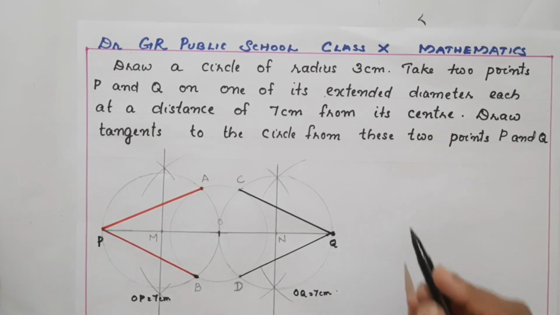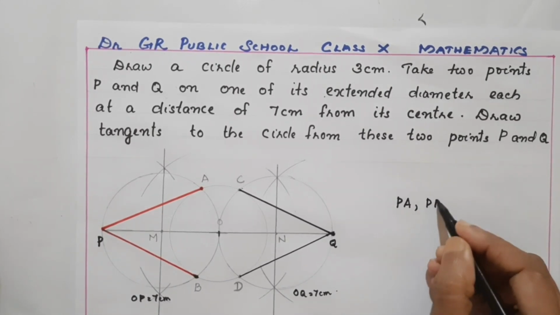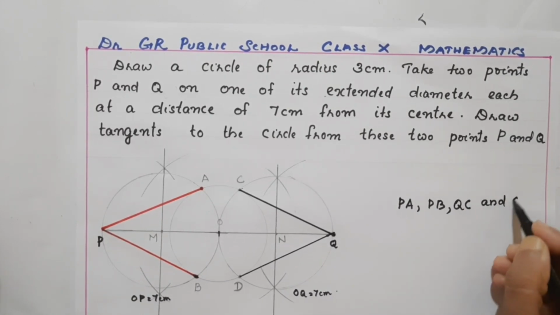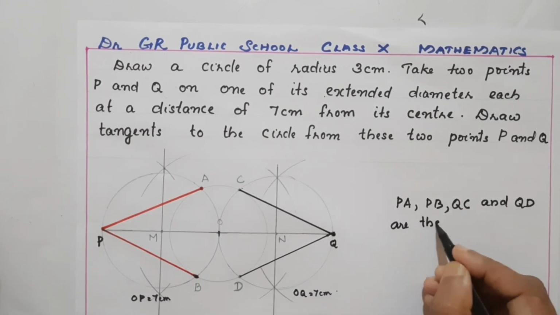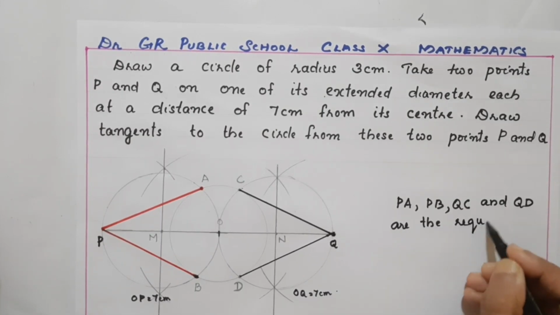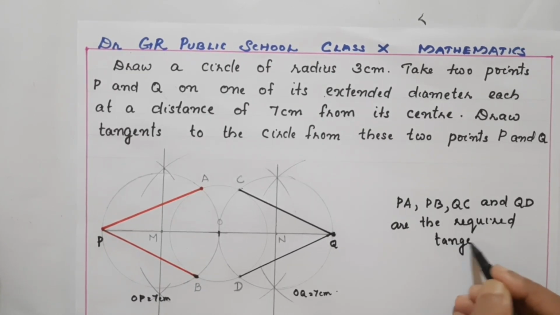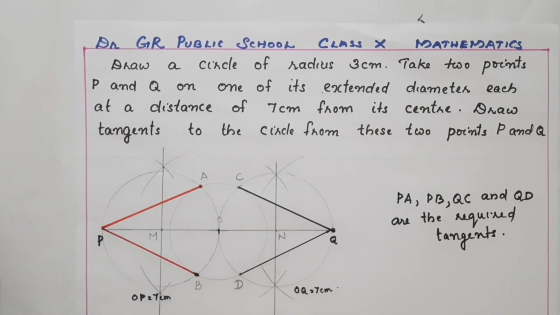And here you can write PA, PB, QC and QD are the required tangents. Okay, children. You have to do the construction very neatly in your note.